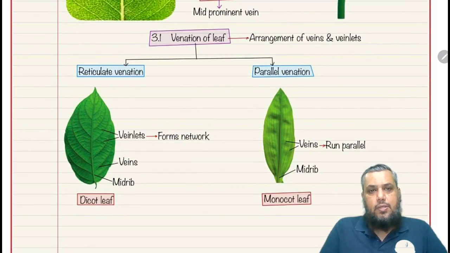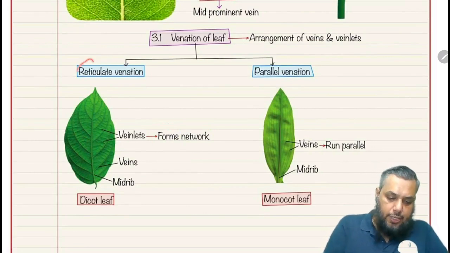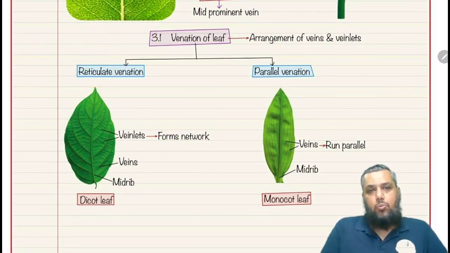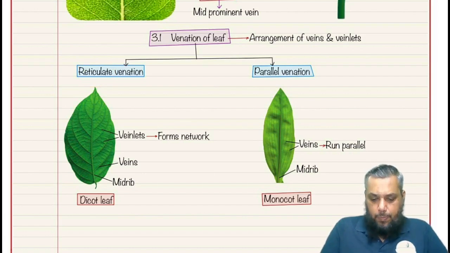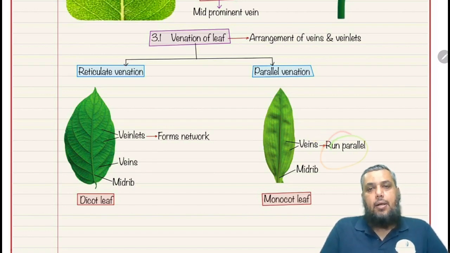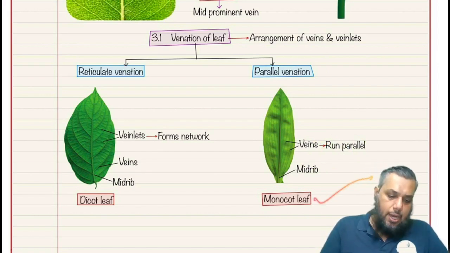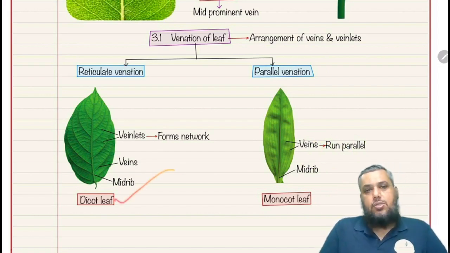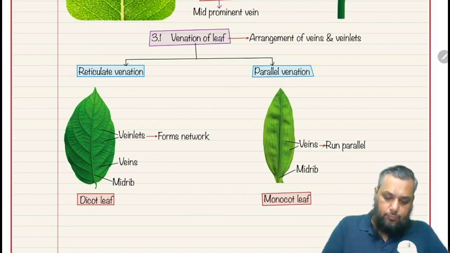Such a venation is called reticulate venation. Reticulate का मतलब होता है branch network. Whereas when all the veins and the veinlets run parallel, it's called parallel venation. And parallel venation is a common characteristic of monocots, and reticulate venation is a common characteristic of dicots.